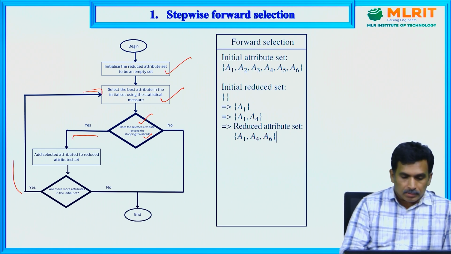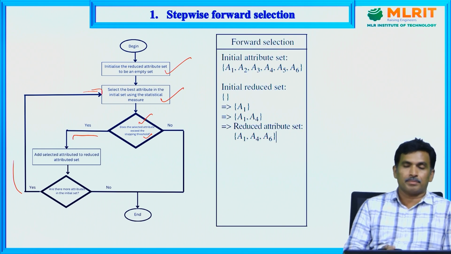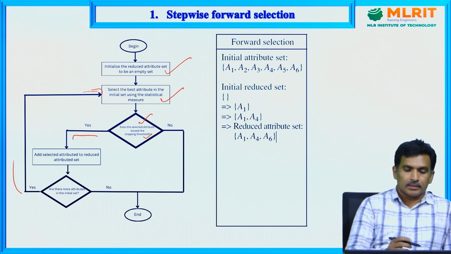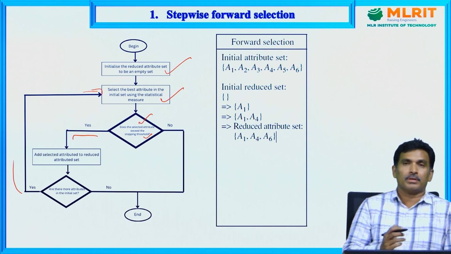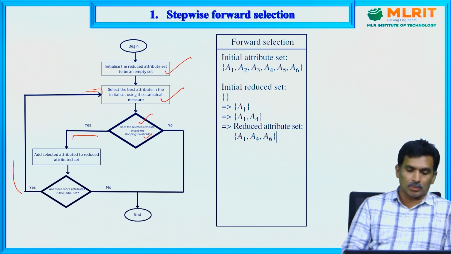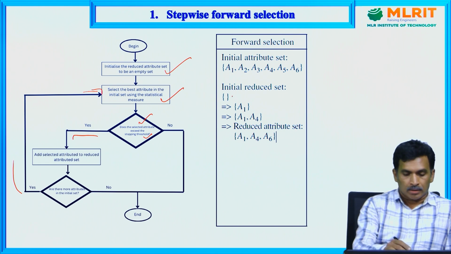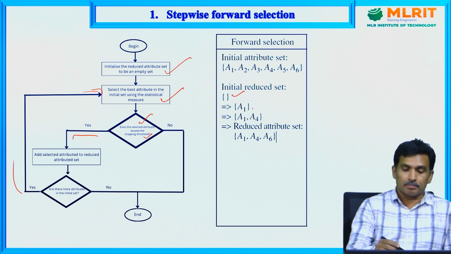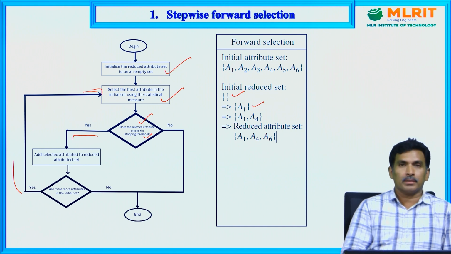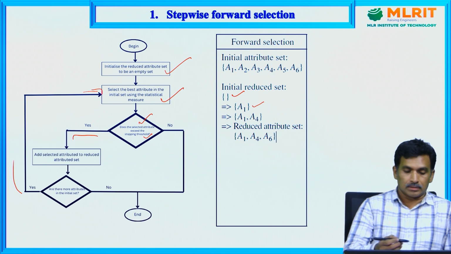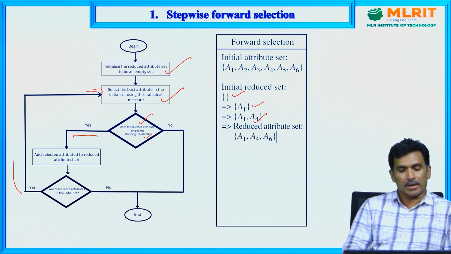If you take a simple example, this is an example which I obtained from the textbook. This is the initial attribute set. It has 6 attributes, A1, A2 and so on, up to A6. The initial reduced set would be an empty set, and in the first iteration, the best attribute would be considered and included in this set, and then the second best attribute would be selected and included in this set.